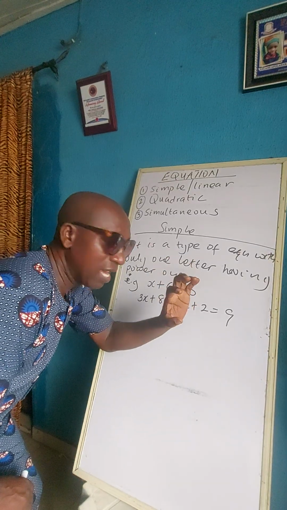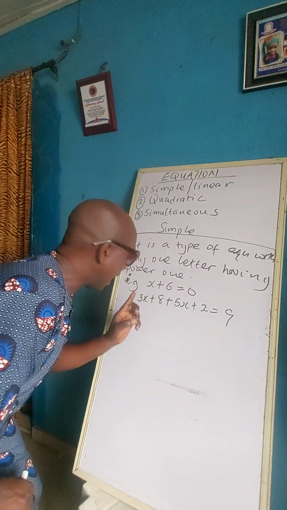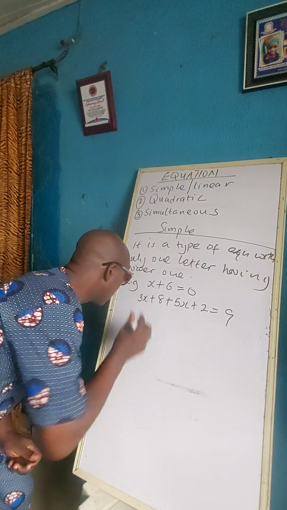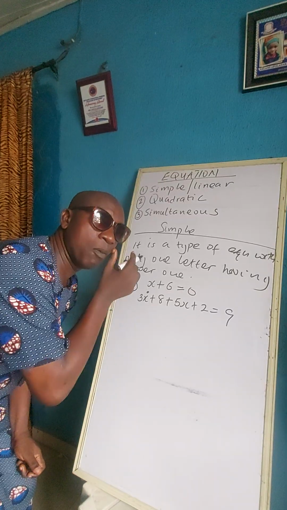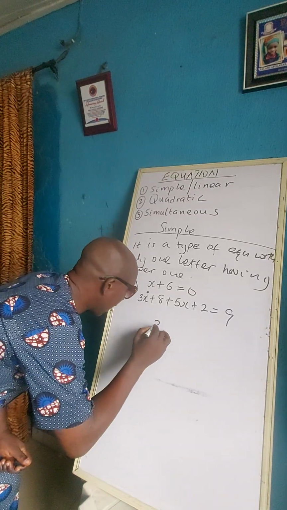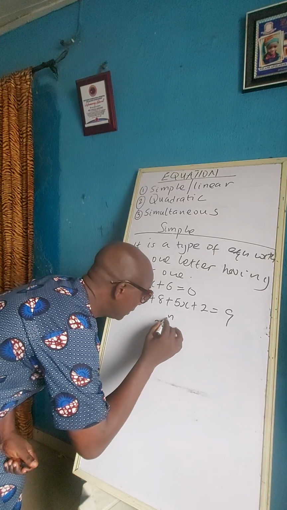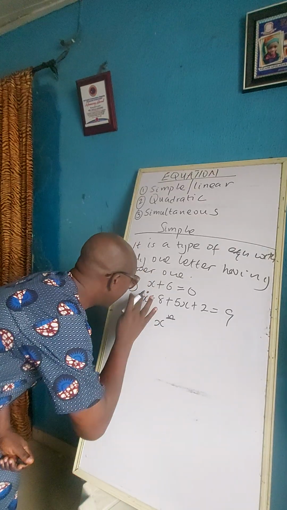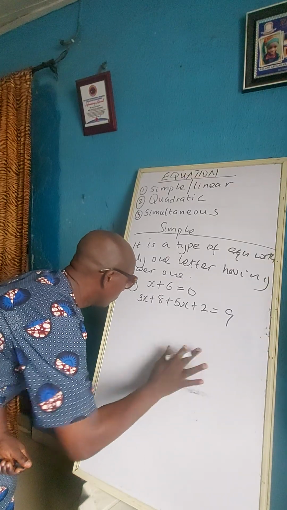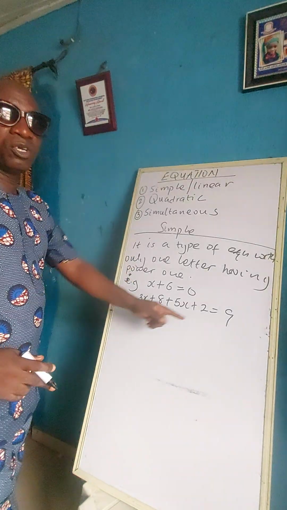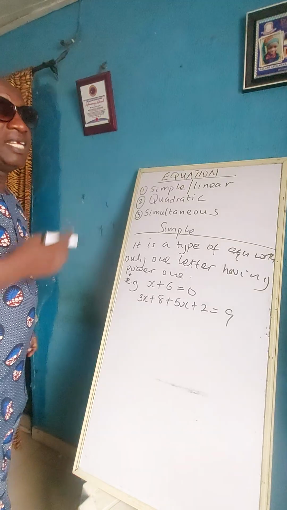The same letter, x, and the power here, that is called power. When you see x raised to power n, this n is the power, and it is 1. That is why it is invisible. When you see something like this, it is called a linear equation.